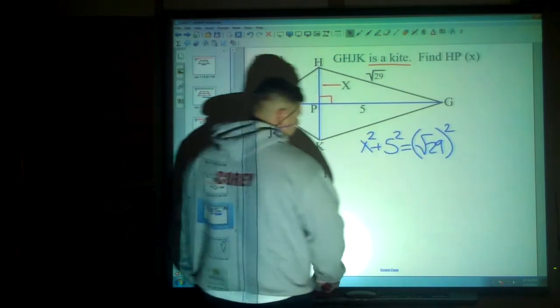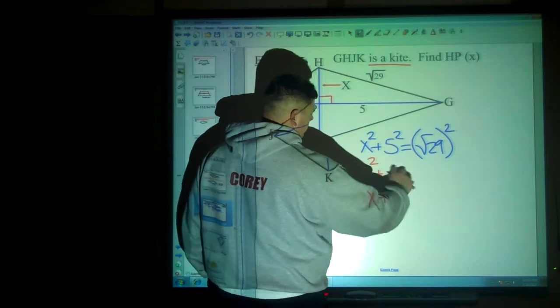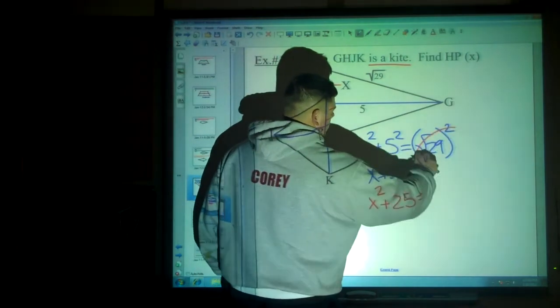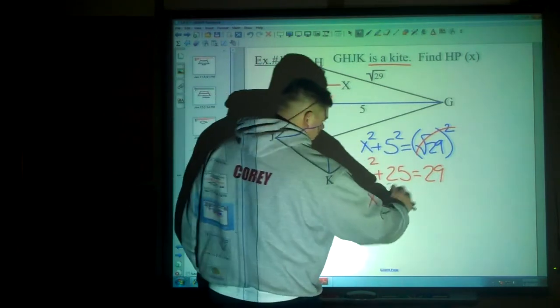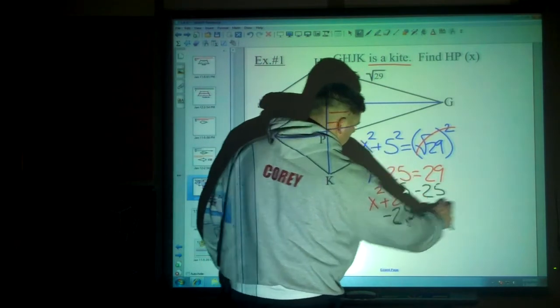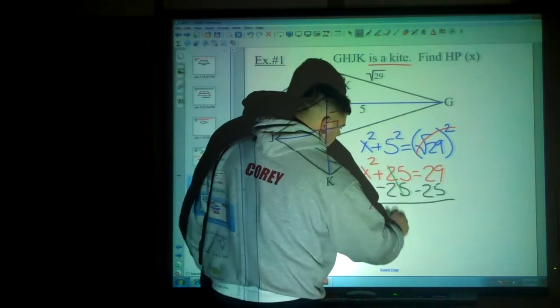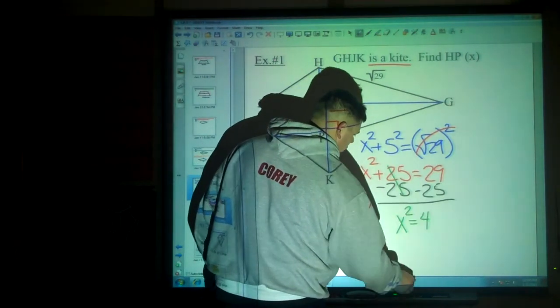squared, which means x squared plus 25 equals 29, since the square and the square root cancel out. Subtract 25 from both sides. You're left with x squared is equal to 4.